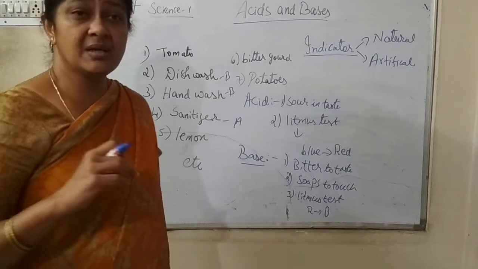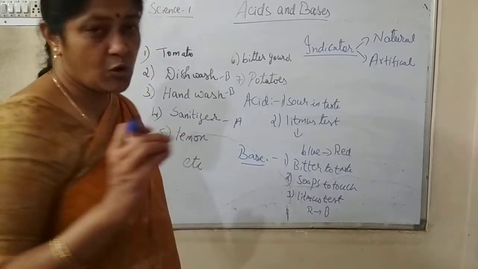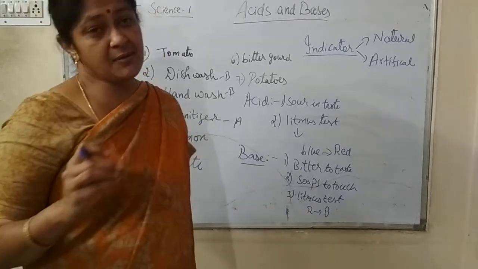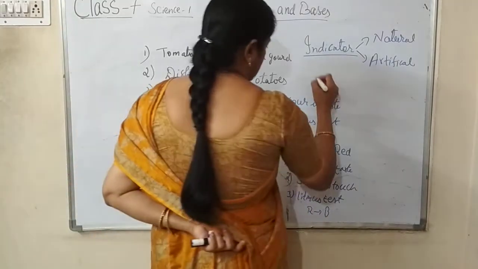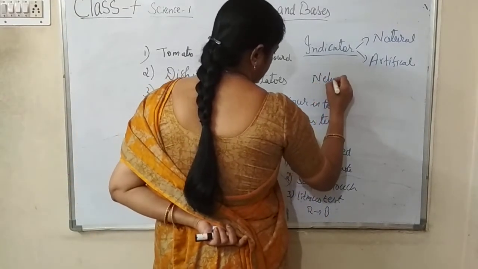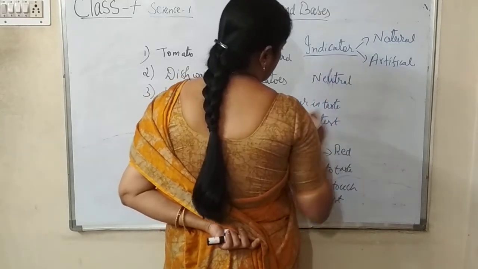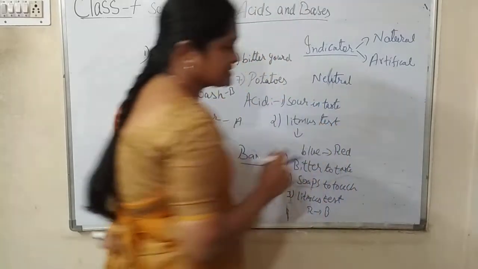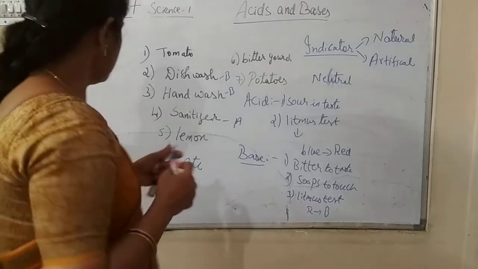Now, if the substance does not change any of the colors, if red litmus is dipped or blue litmus is dipped, red remains red, blue remains blue, then what are they called? They are called neutral substances.